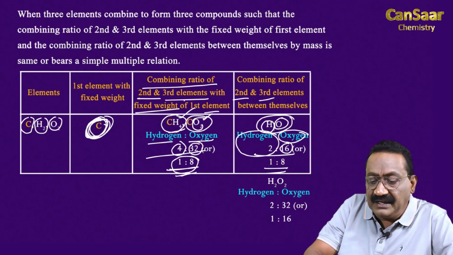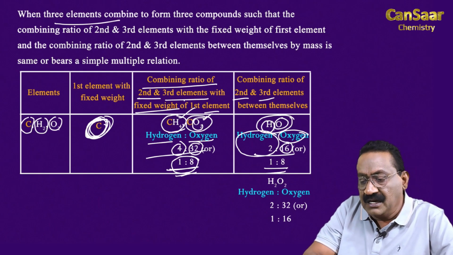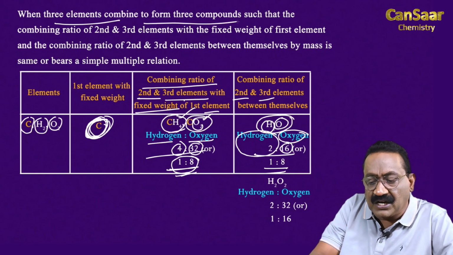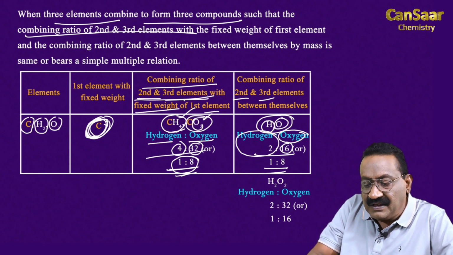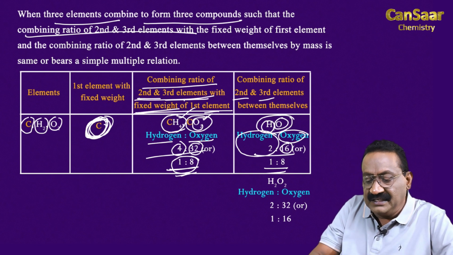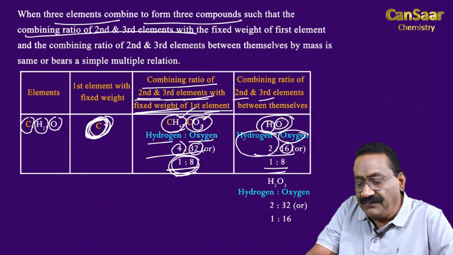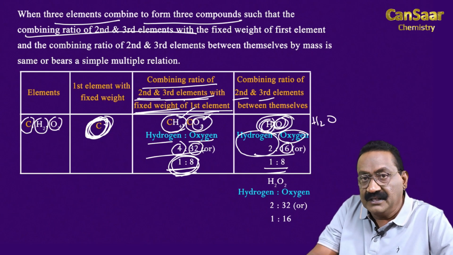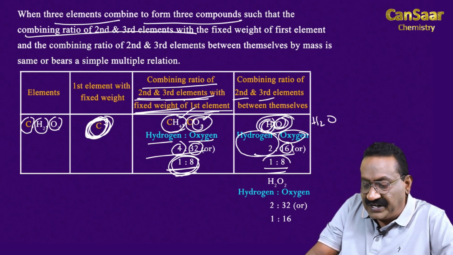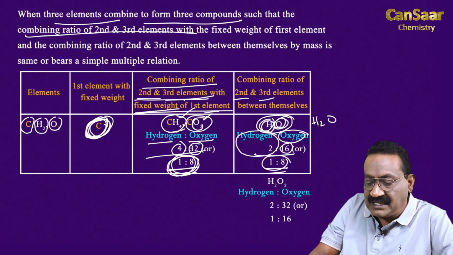So, here when three elements combine to form three compounds such that the combining ratio of second and third elements with the fixed weight of first element is 1:8 and the combining ratio of hydrogen and oxygen which results in the formation of water between themselves is 1:8. Both are one and the same.